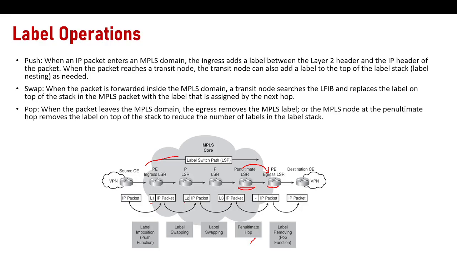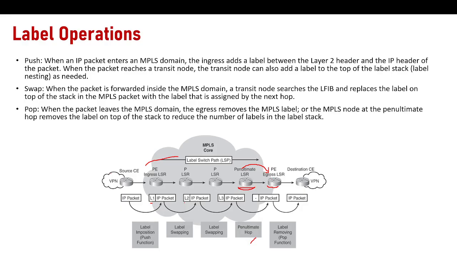It doesn't actually require that label information unless it's for a specific application. For some specific applications, you still need to maintain that label until the last hop. But in this scenario, the egress LSR can only perform the IP lookup.